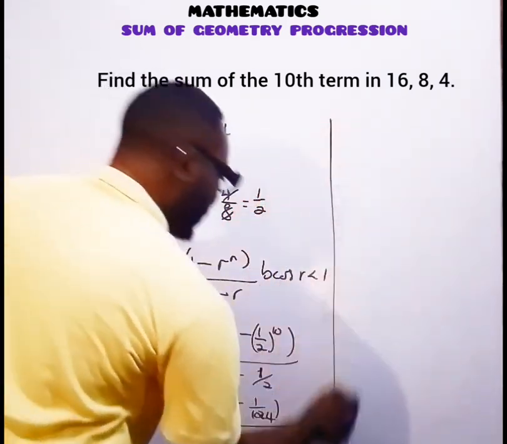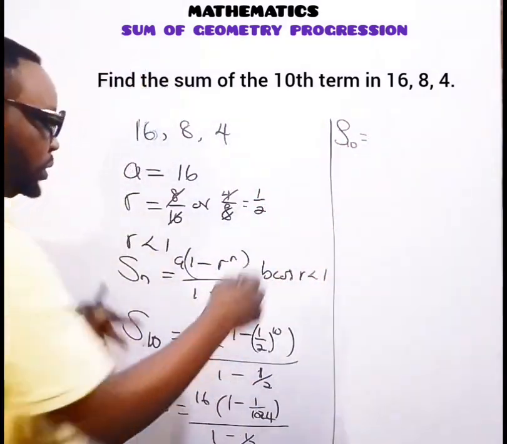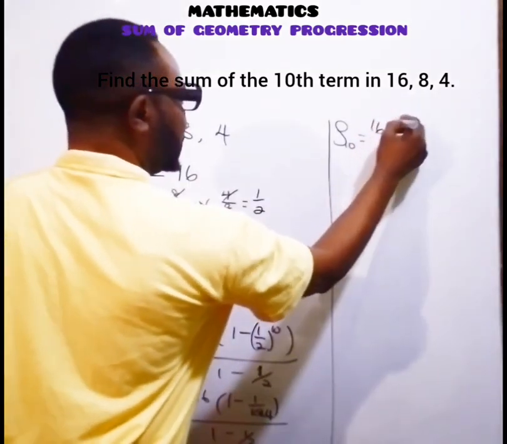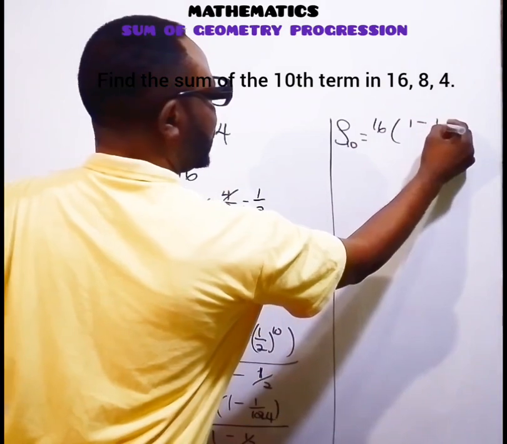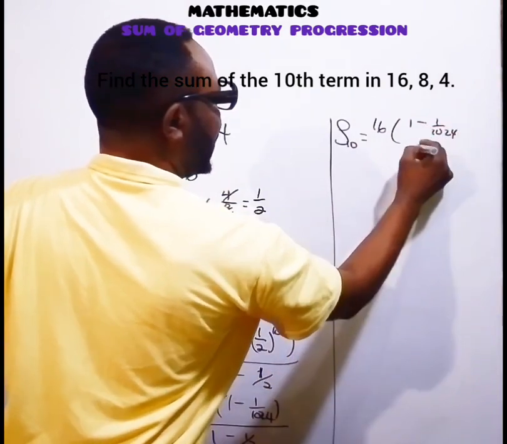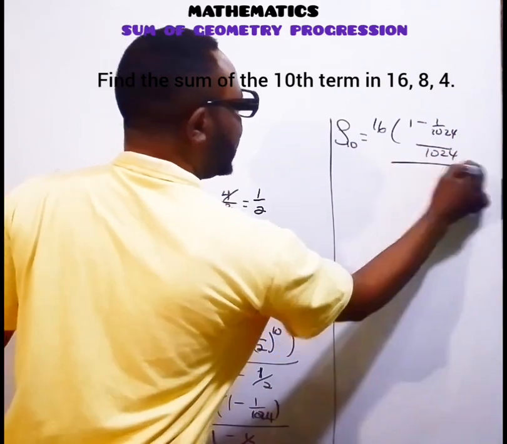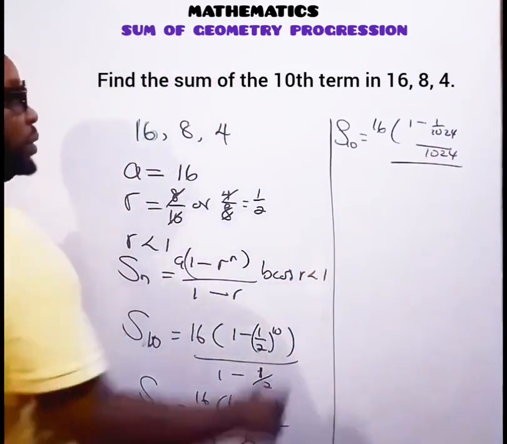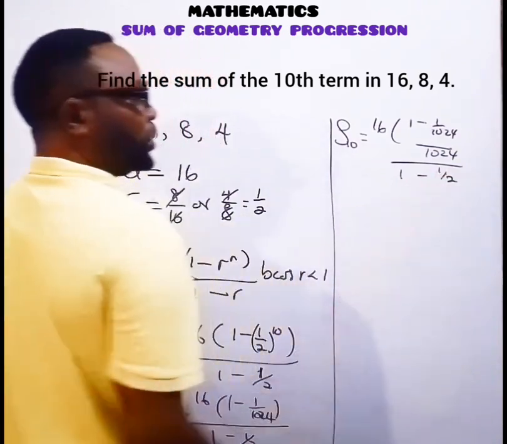So the sum of the 10th term is equal to 16 into bracket 1 minus 1 over 1024. I have 1024 as the LCM. Don't forget, it's still all over 1 minus 1 over 2.